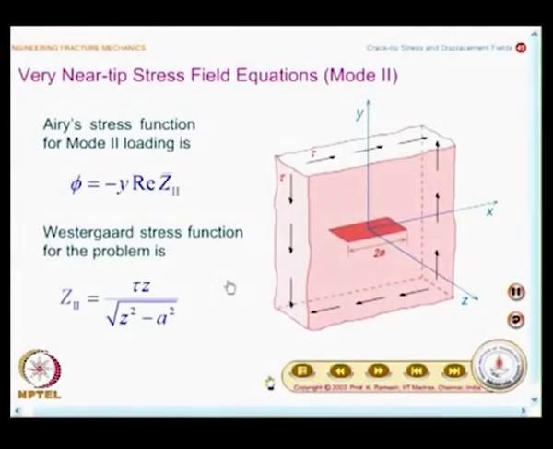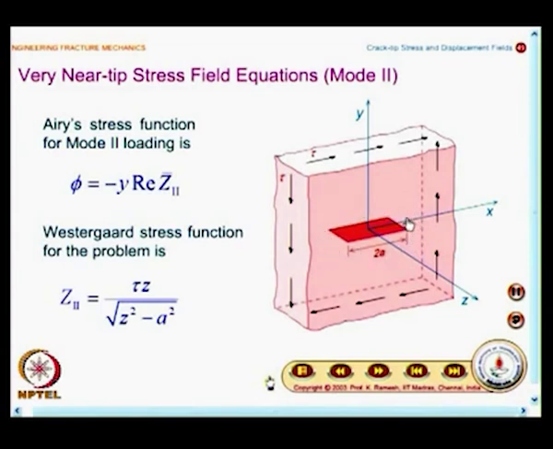And another important issue you have to keep in mind is you are analyzing for all these situations through the thickness crack, and your crack front is straight. If the crack front is straight, then the stress intensity factor remains constant on that front.